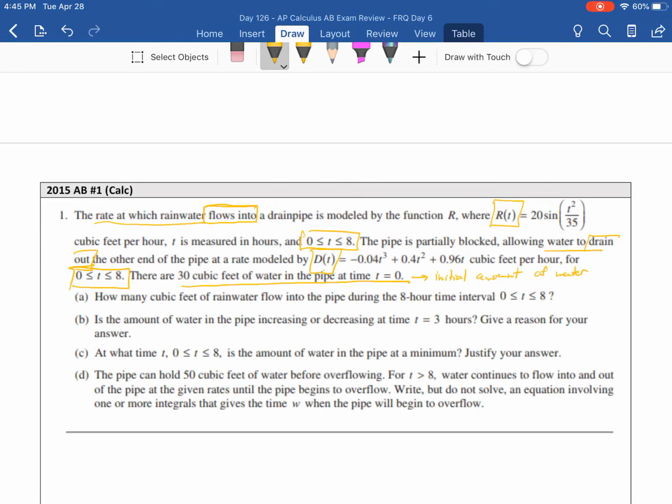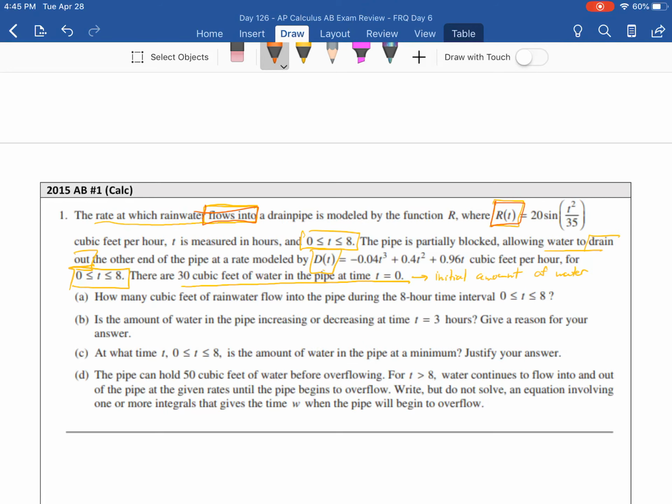Okay, so part A. How many cubic feet of water flow into the pipe during the 8-hour time interval? So rainwater flow into the pipe. Well, hopefully you are underlining or circling some of the key words. The R of T function is the rate for water flowing into the pipe.